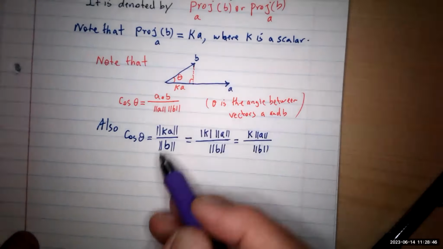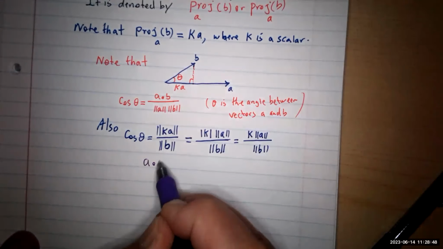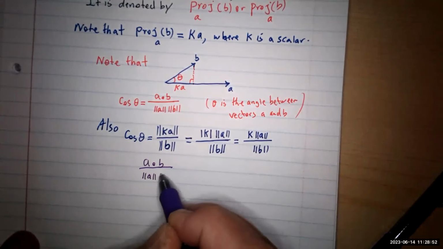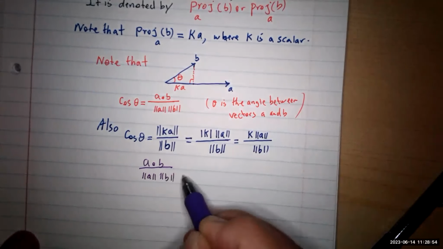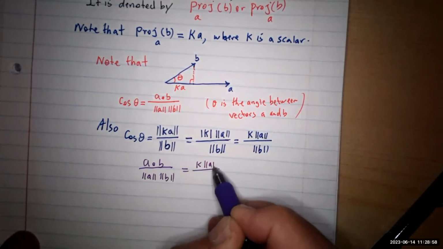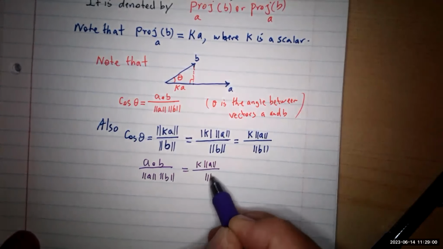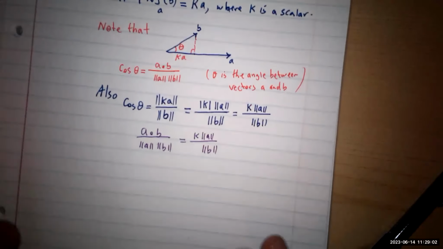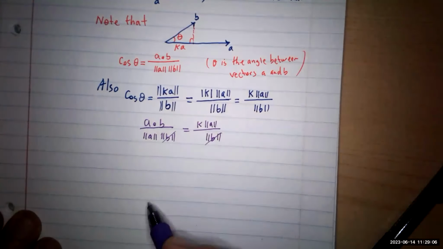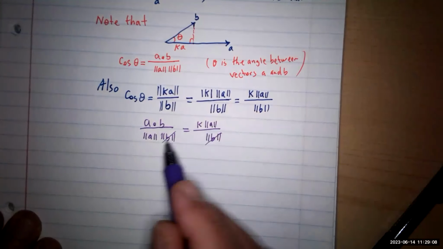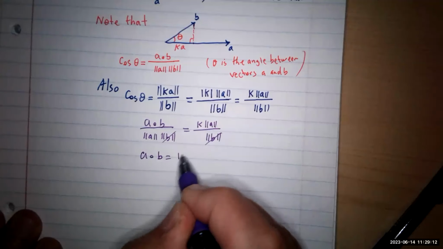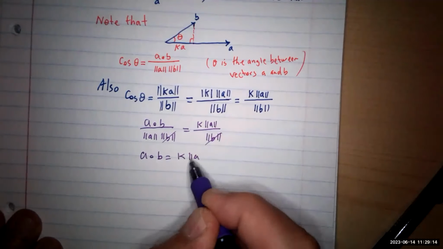From these two, I'm going to have A dot B divided by the norm of the A times the norm of the B. And over here, I have the K, norm of the A, over norm of the B. Now I solve for K. These two would cancel out. So if I solve for K, this is going to be A dot B equal to the K norm of the A squared.